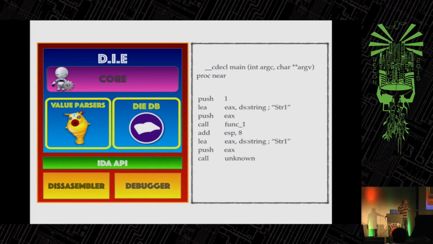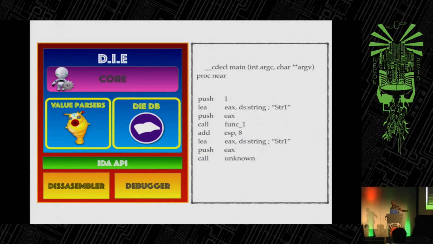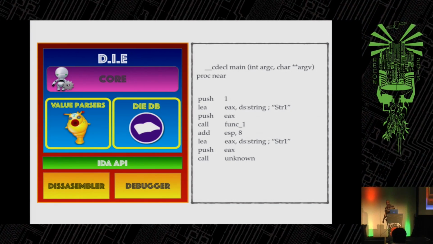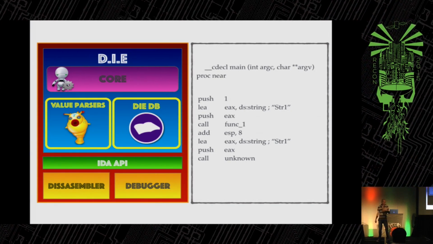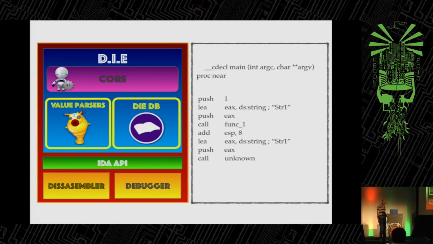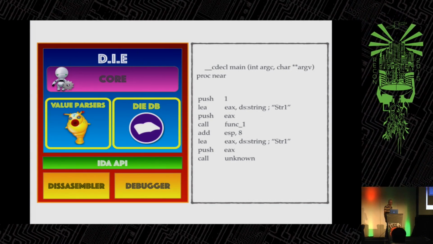So this is our example code here, okay? And we see very simple code. There are two function calls, one to func1 and the other to an unknown function. Func1 gets two input arguments. One will be a string with the value str1, the other will be just the value 1. And the unknown function gets just one input argument. It's a string with, again, the value str1.